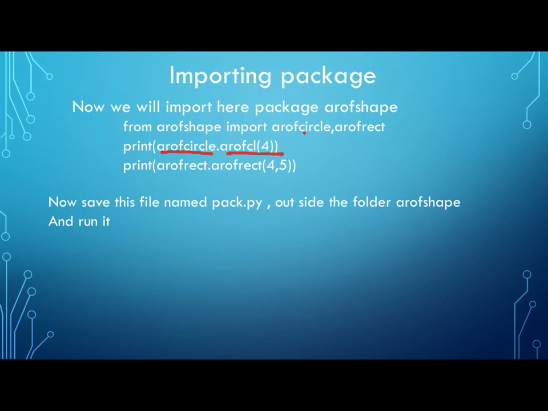Then again area of rectangle dot area of this one. This is a function designed inside this module. With this dot operator you have to access it, and when you execute it, it will give you the output. Area of circle will be 3.14 into 16, which means 4 into 4, and here it will be 4 into 5, which means 20.